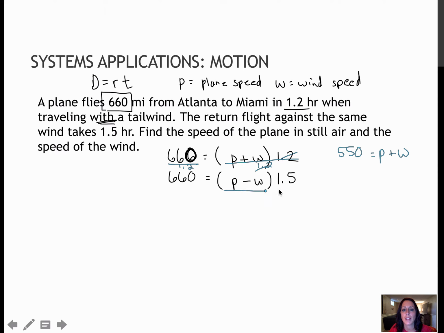Using that same process, dividing by 1.5 on each side for the second equation, the 1.5's cancel, leaving me with P minus W on the right. On the left, I get 440.